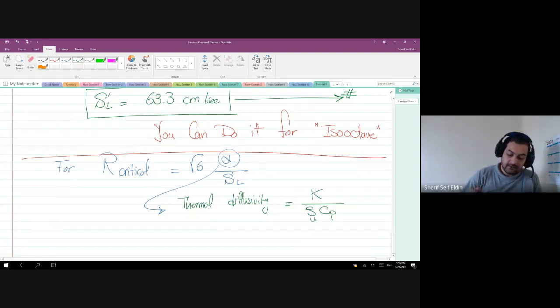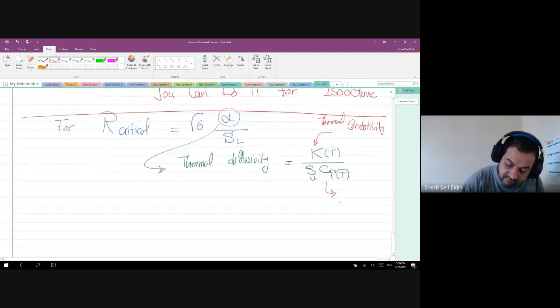All right. So K and Cp have to be obtained at the average temperature, right? K is the thermal conductivity, and Cp is the specific heat at constant pressure.